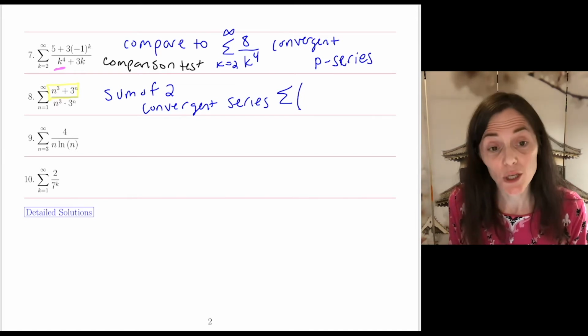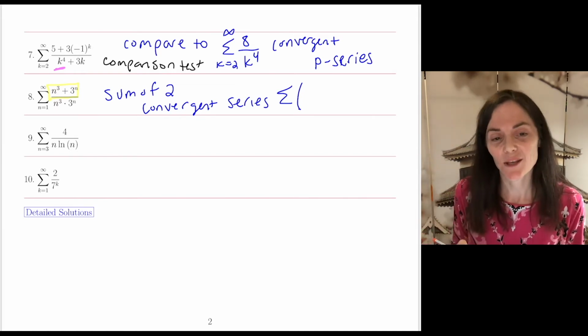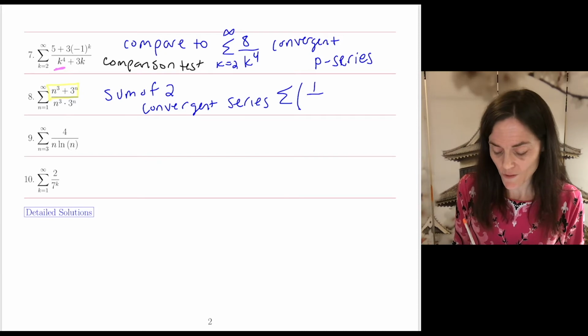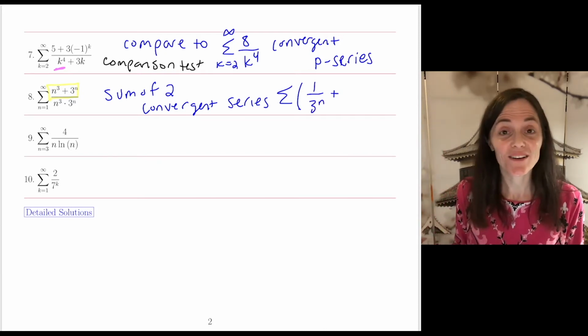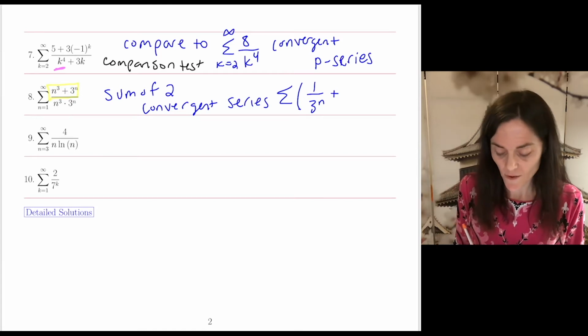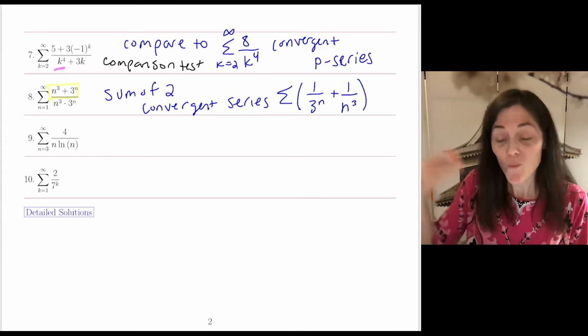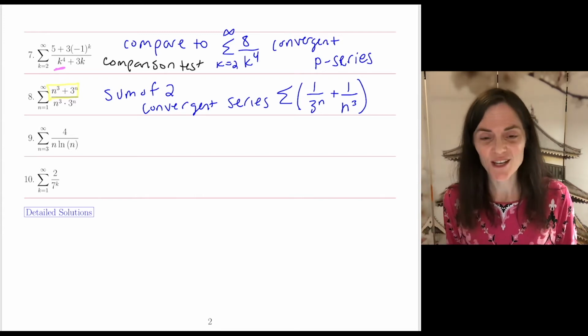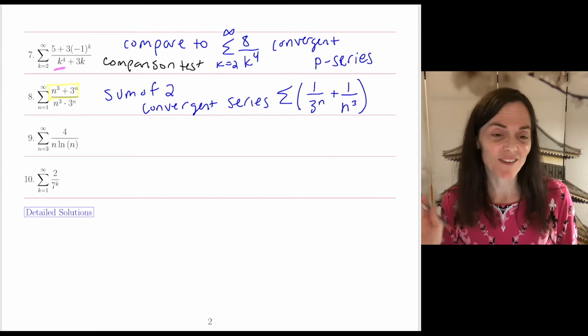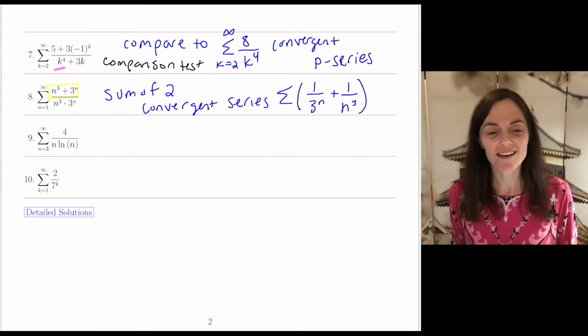When we have n cubed over n cubed plus 3 to the n, this is 1 over 3 to the n. And then when I have 3 to the n over n cubed plus 3 to the n, this is 1 over n cubed, okay? So one of them is a p-series, one of them is a geometric series, but they both converge. The sum of 2 convergent series converges. This is my strategy on number 8.